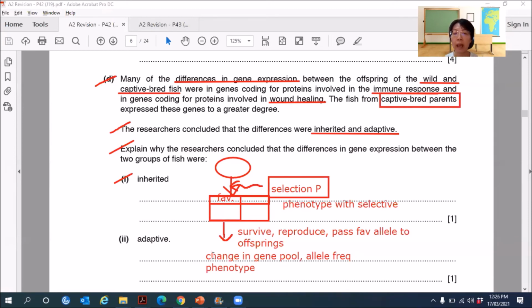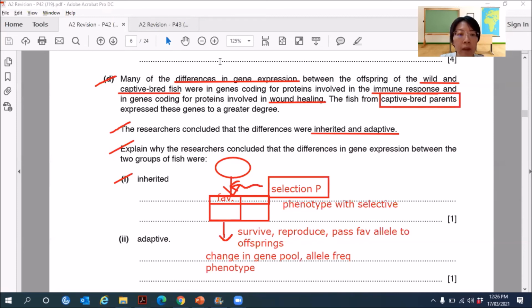So inherited means how does it pass from parent to offspring? So first you must say that it is the selection pressure that chooses the parent with this phenotype, and the parents survive and reproduce, and therefore the parent passes those favorable alleles to the offspring, and therefore this type of phenotype will increase. Okay, so that is to cover the meaning of the word inherited, from parents to offspring.